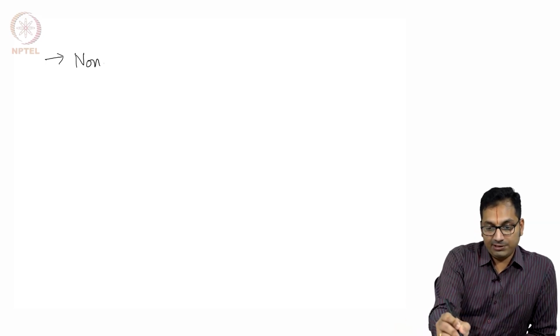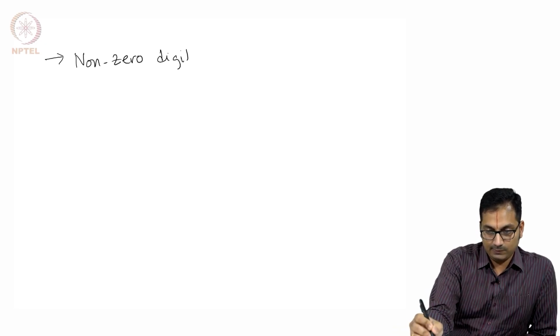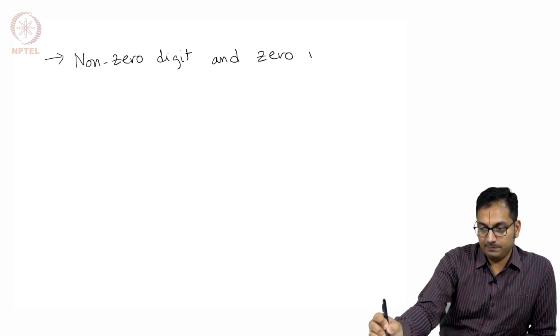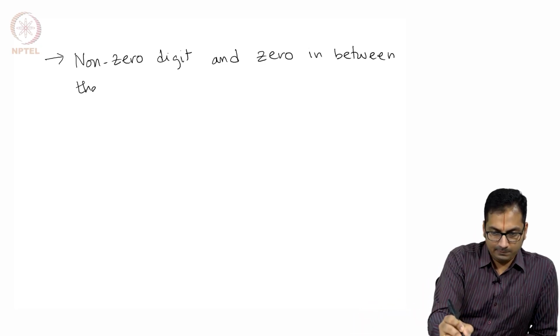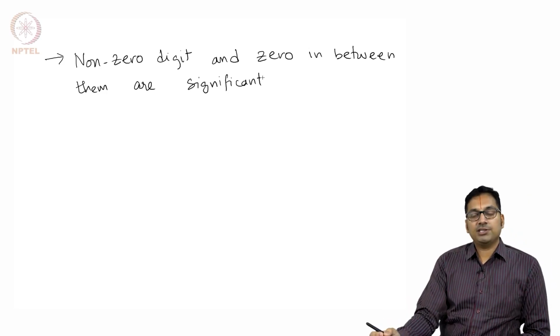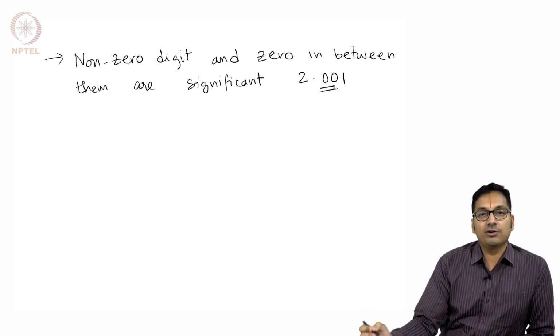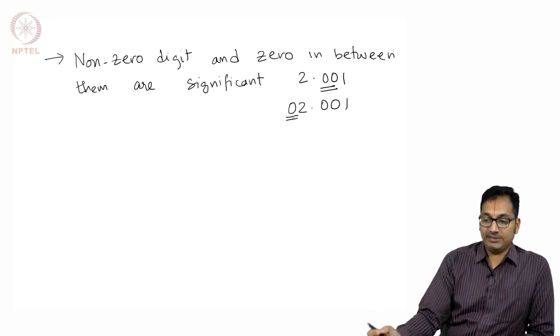Any non-zero digit and zeros in between them are significant. This just means that if you are having something like 2.001, these zeros are indeed significant, but on the other hand, this zero, the leading zero, is not going to be significant.